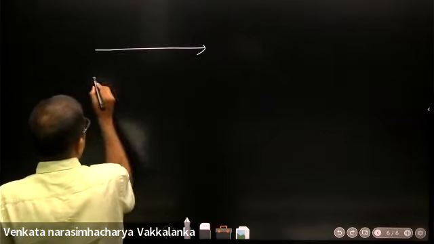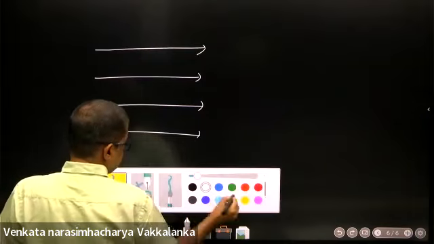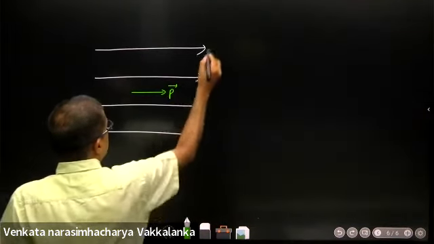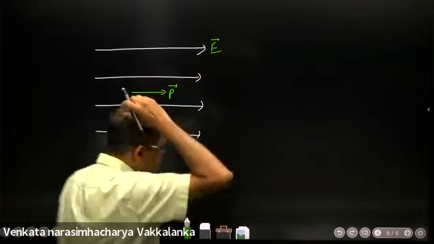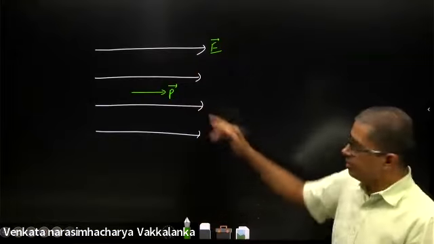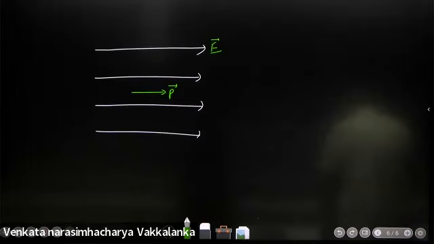In a region where I have a uniform electric field, there is a dipole moment P placed. Right? In a uniform electric field, both of them are initially parallel.